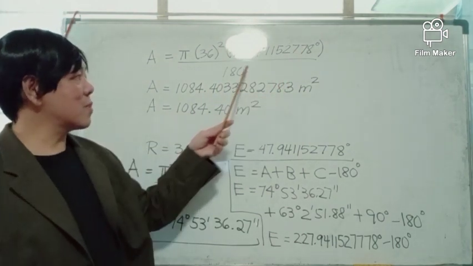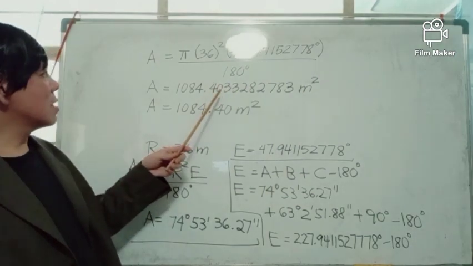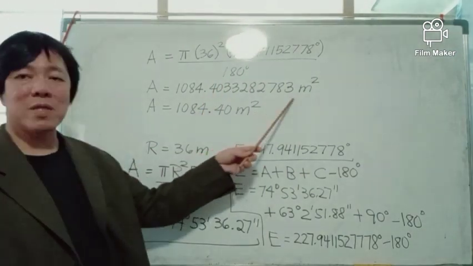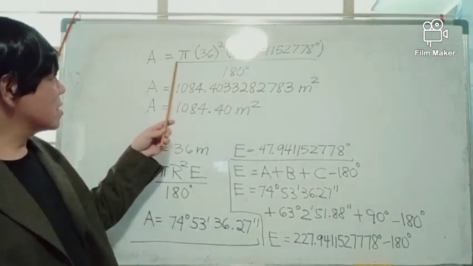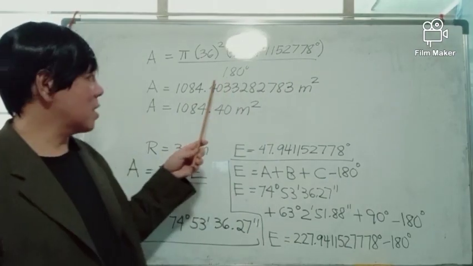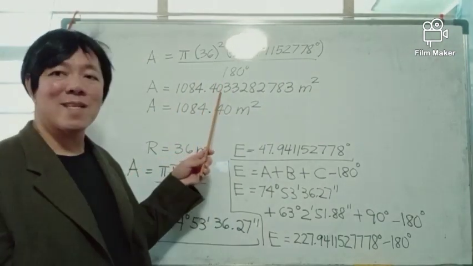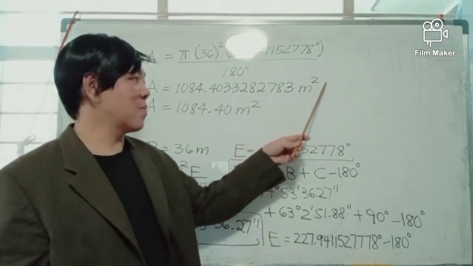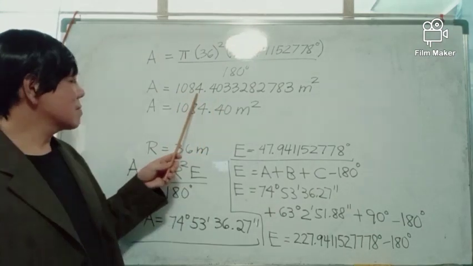The degree in the numerator and degree in the denominator will cancel out, and the unit will be square meters. And the product of this divided by 180 gives 1084.40332.82783 square meters.